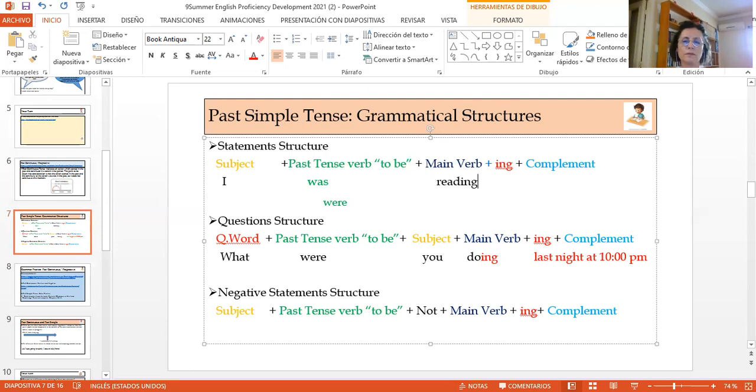Reading, excellent. Reading a book. Yes, perfect. I was reading a book. So that's an activity that took time, a long time, for a certain period of time. It was in progression.